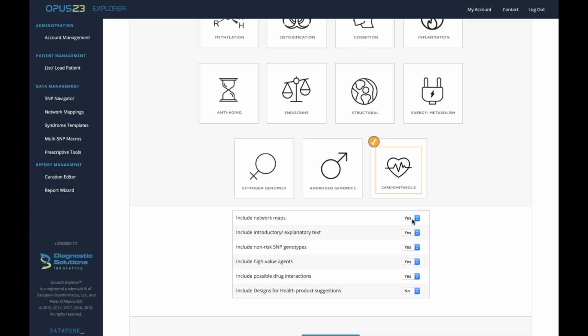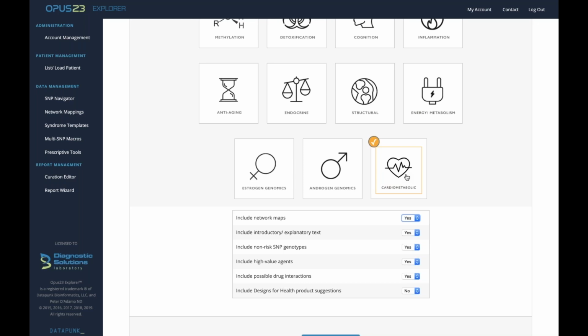So the network maps, and we'll go into this on the left-hand side where you'll see the network maps in much more detail, will tell you, do you want to include the network maps for cardiometabolic? And it'll pull from the program any network map. So a network map is basically a biochemical pathway, and it will, in live form, tell you where this individual's SNPs lie within this map and whether they're decreased in function or have less function, how many SNPs are present there.